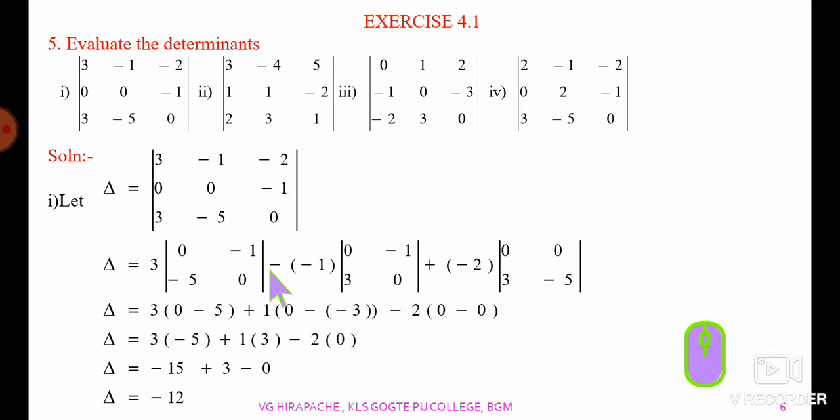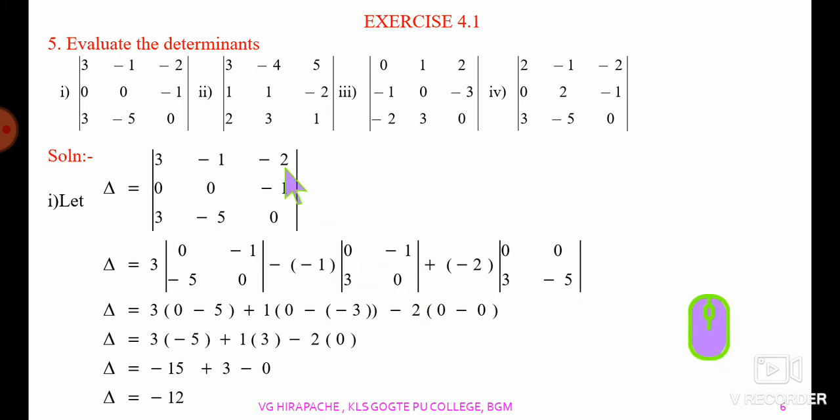Minus always. The second element of the same row is minus 1, so minus of minus 1. Deleting the first row and second column, we are left with a second order determinant containing the elements 0, minus 1, 3, 0.